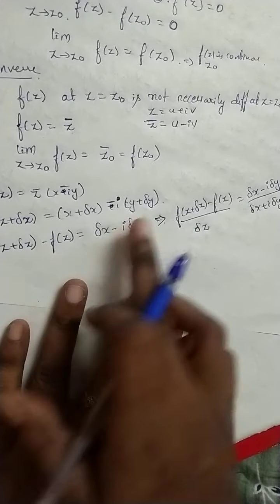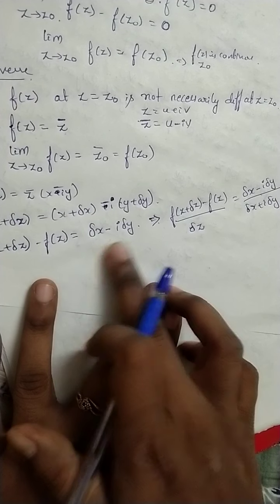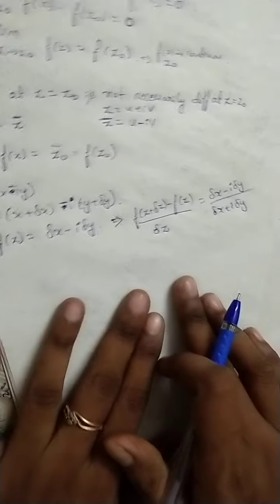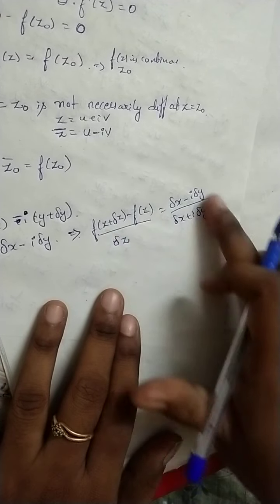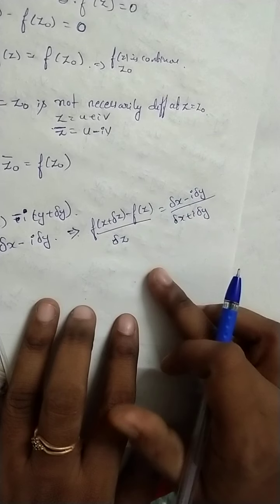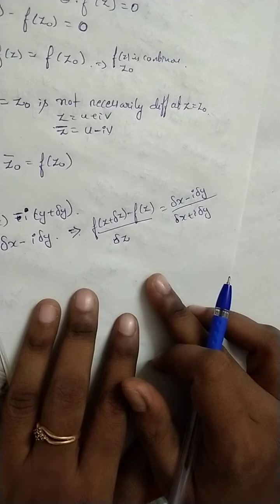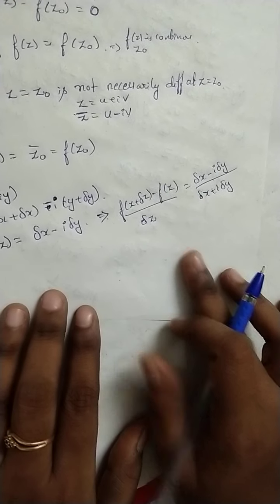When you subtract, you get the common dou x minus i into dou y. After that, we again write the equation in this format. Now we have to apply the limit dou z tends to 0.